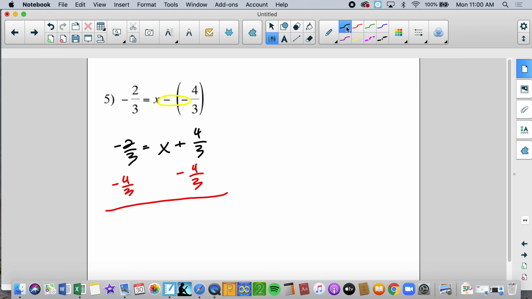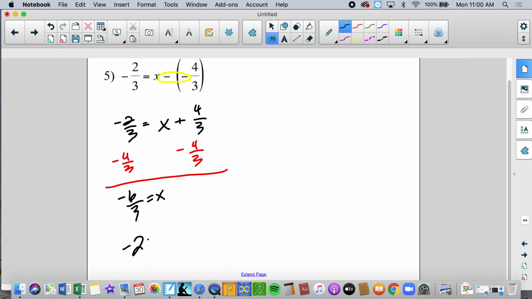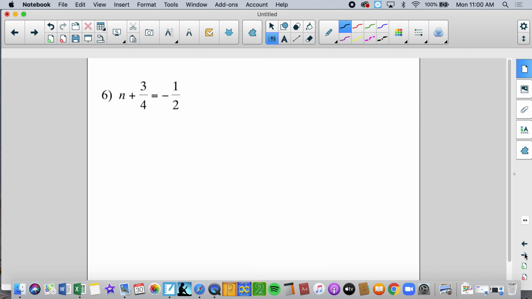I need common denominators. I already have them. So that gives me -6/3 equals x. I need to simplify that, and I get -2 equals x. I cannot leave it as -2/1. That will always have to be simplified.